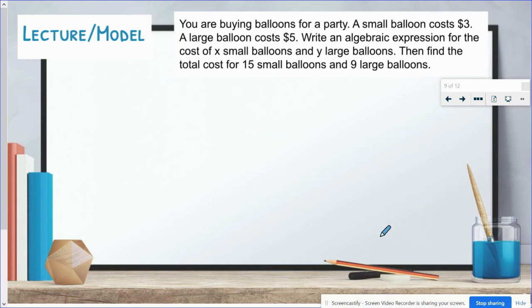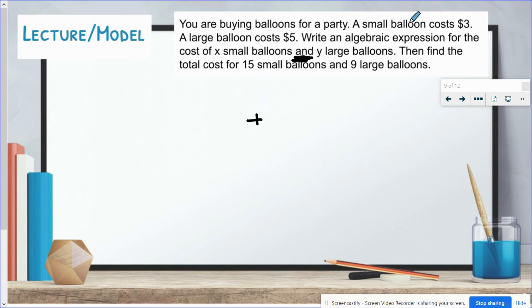You are buying balloons for a party. A small balloon costs $3. A large balloon costs $5. Write an algebraic expression for the cost of x small balloons and y large balloons. Then find the cost of 15 small balloons and 9 large balloons. Okay, so first, we need to figure out what our expression is going to be. So we know we have small balloons and large balloons, so we're going to be adding the cost of those two things together.